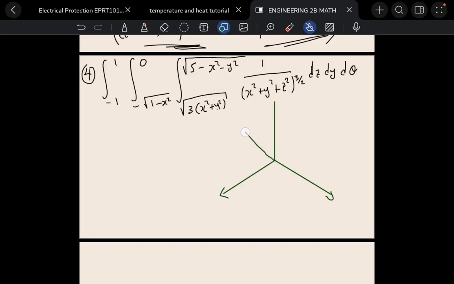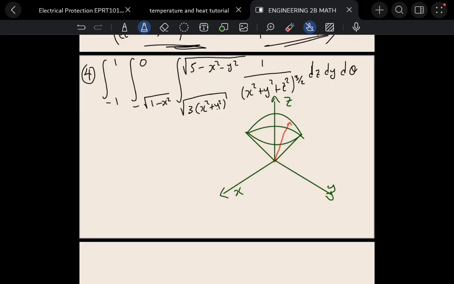You will get something like that, right? And then we are going to have an ice cream. Z, X, Y.